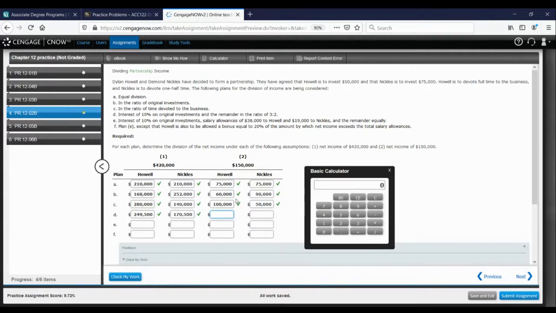For Hal's share of the 150,000, it was 87,500. And 62,500.